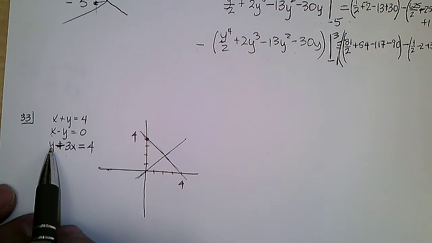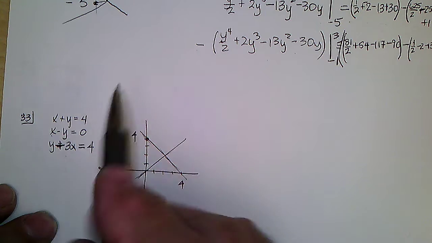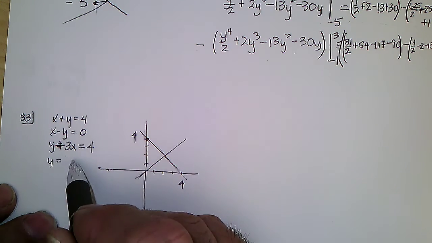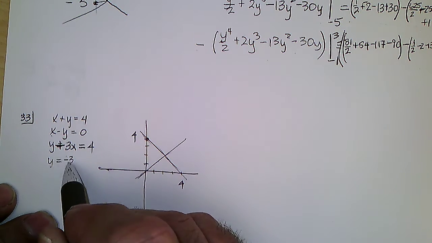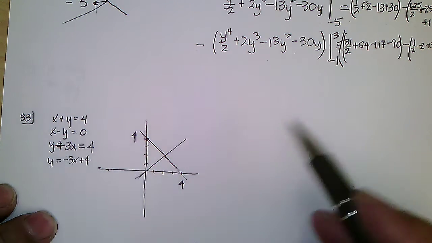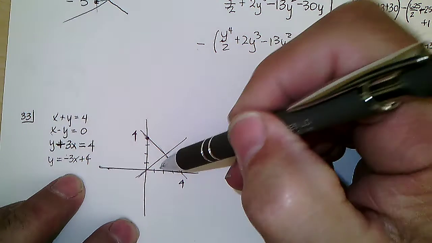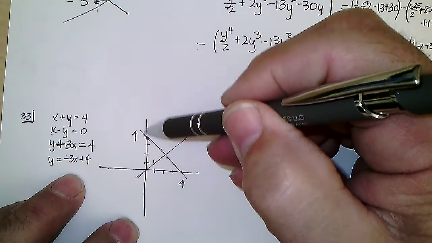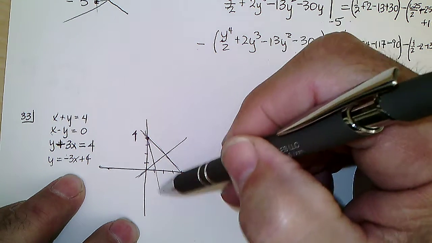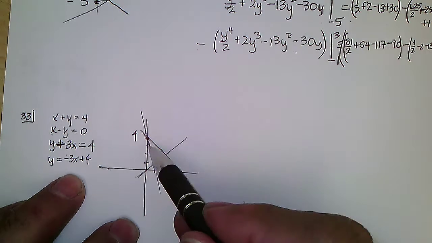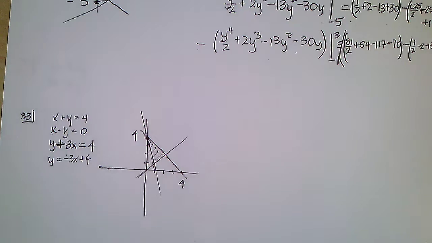And this one is y equals minus 3x plus 4. So it goes through here, and a slope of minus 3, so it hits right there. So this is the area bounded by that.